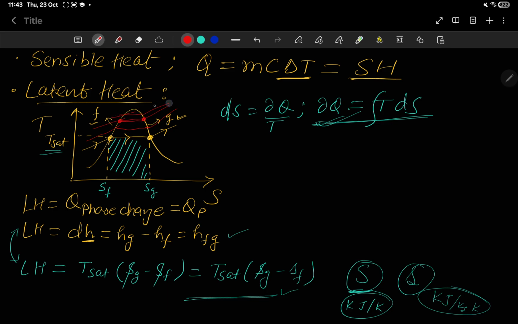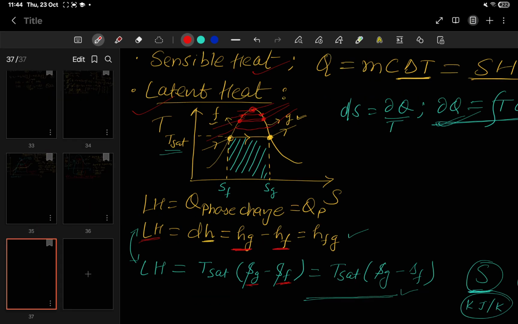So at the critical point, latent heat will be zero, because these are point functions, so the change in enthalpy or change in entropy will be zero at this point. So this is all about sensible heating and latent heat. Now let's move to another section.